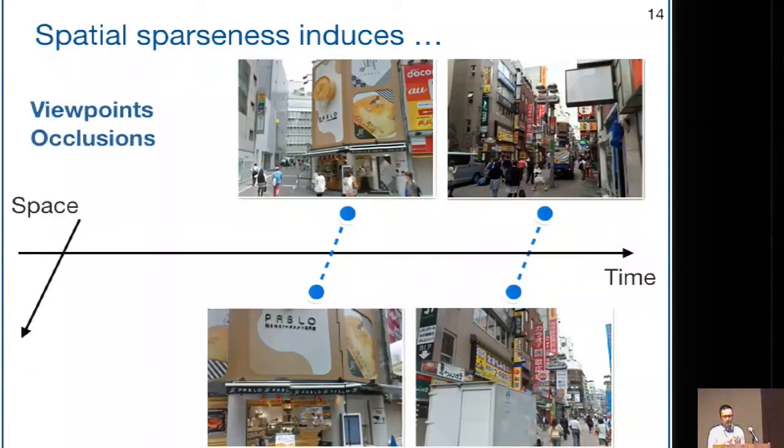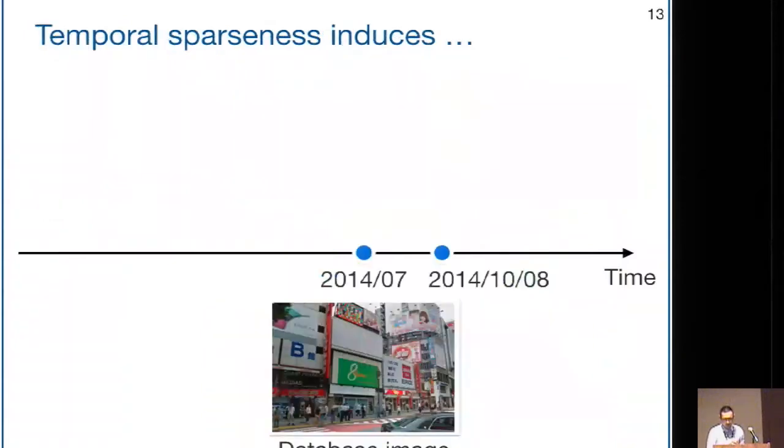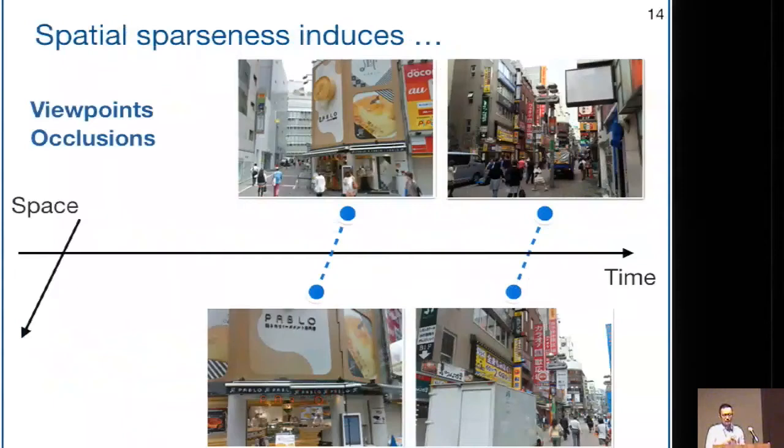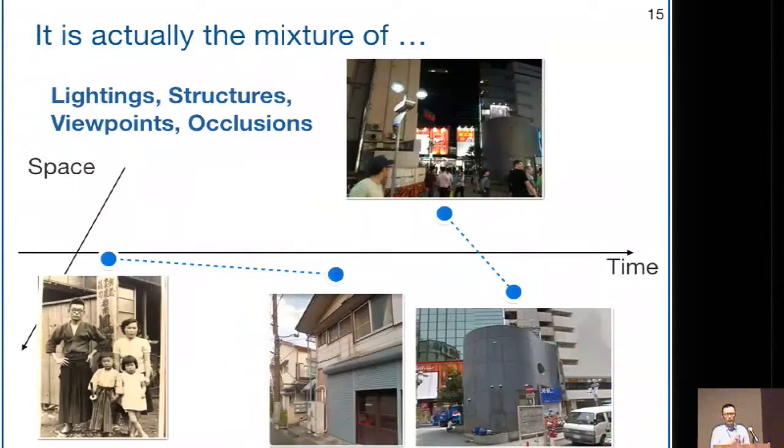For long time, there will be seasonal changes such as tree coloring, snowing, and also structural changes. As we cannot capture the database images from all possible viewpoints, there will always be viewpoint changes against the database images. In reality, we have mixtures of these changes. There will be a large gap in appearance between query and database images like these.